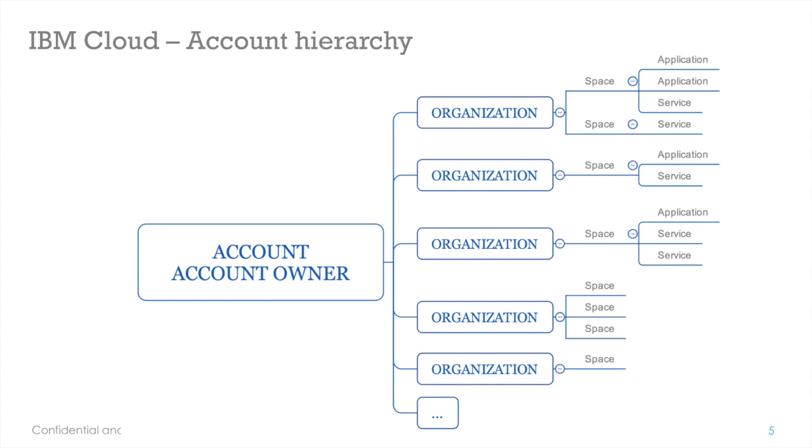Explaining in other terms, this is the account hierarchy, where we have the account owner, different organizations, and inside each and every organization different spaces, one or more, and in each space we can hold one or more service instances, applications, and VMs, as I was explaining before.